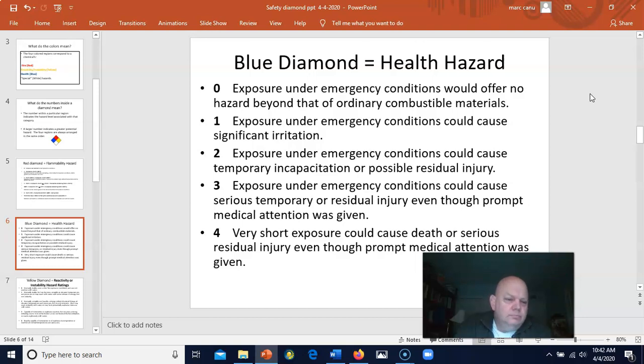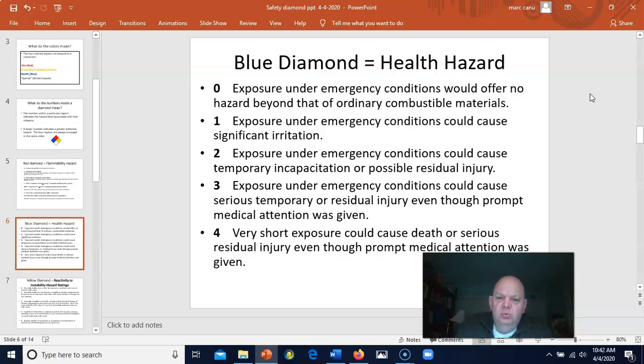Nothing out of the ordinary. Level 1, exposure under emergency conditions could cause significant irritation. Aha, that's where things are not going great. Then when you look at 2, exposure under emergency conditions could cause temporary incapacitation or possible residual injury.